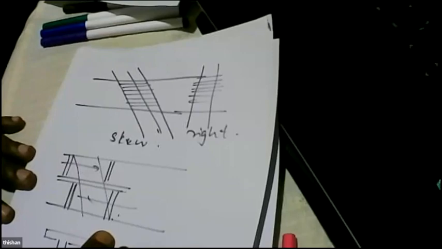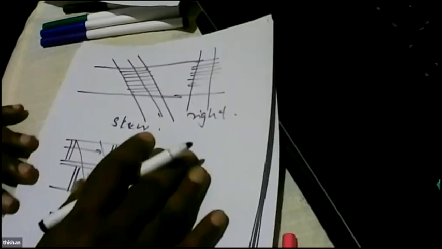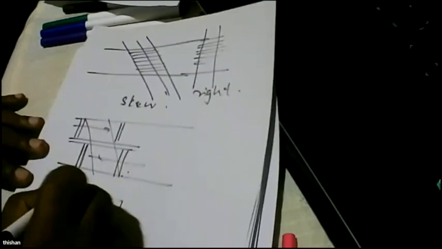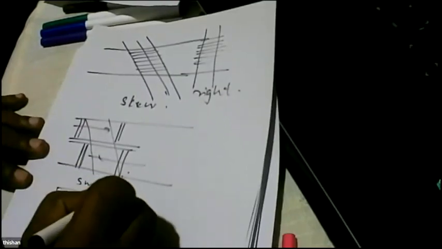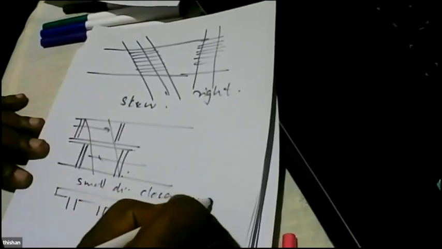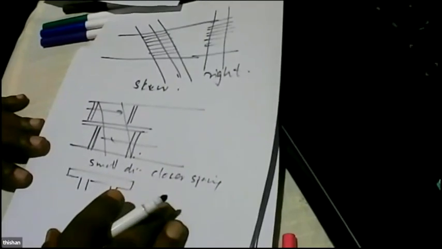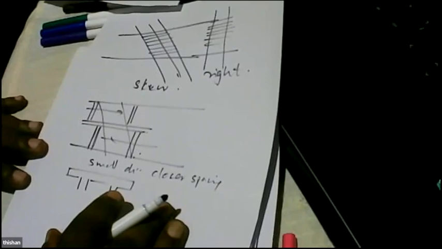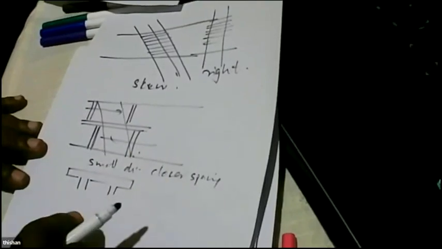So always, if you are not sure, the solution is small diameter bars at closest spacing. The moment you put a lot of small diameter bars at close spacing, the concrete will find it pretty hard to crack, because concrete is supported by reinforcement at close spacing. So that's the trick that we use. It's a good question.